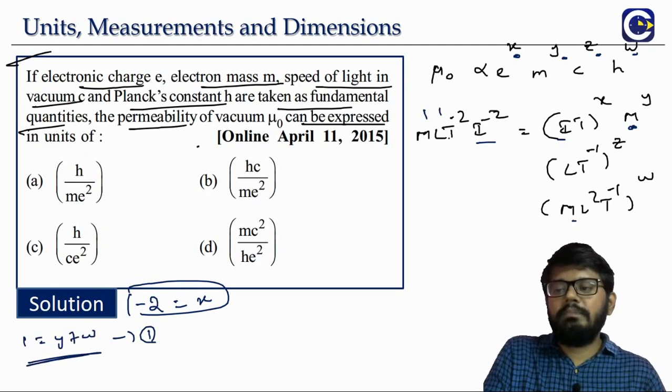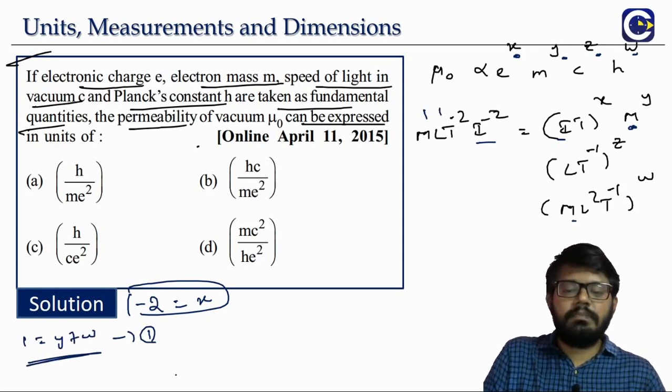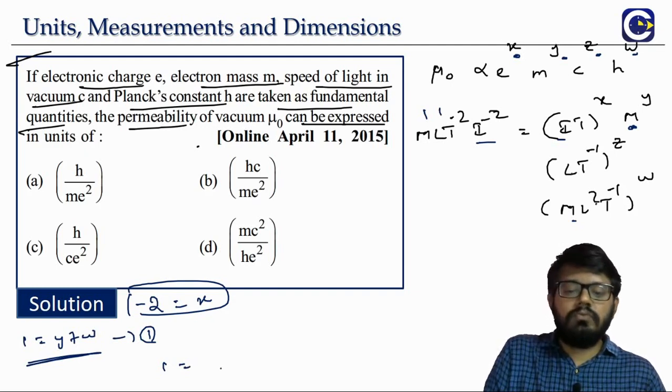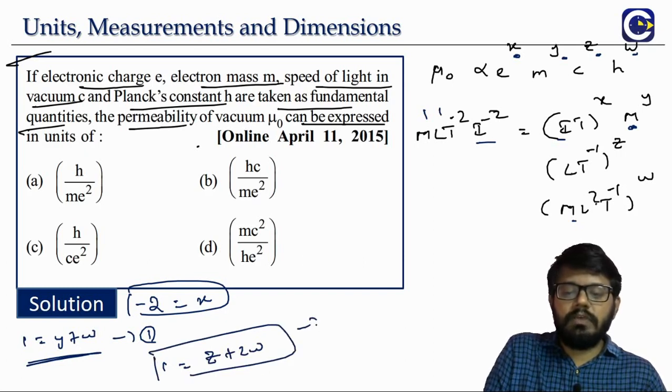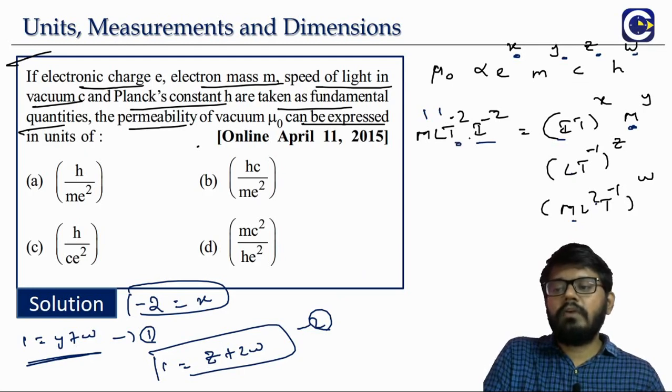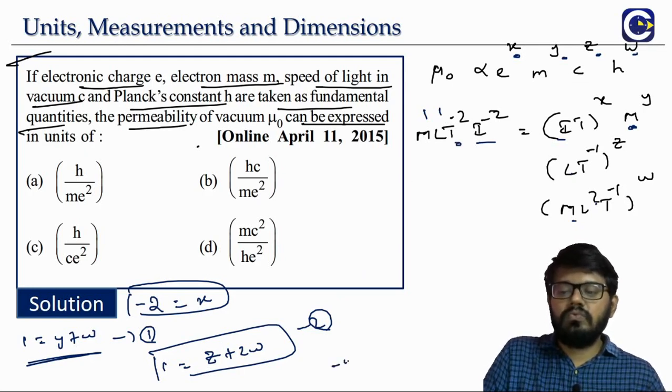Then we will compare the power of L. What is the left side power of L? 1. 1 is equal to, on the right side, where all L is coming: L power Z and L power 2W. So Z plus 2W. This is equation 2. Then we will equate the power of T. Left side it is minus 2.